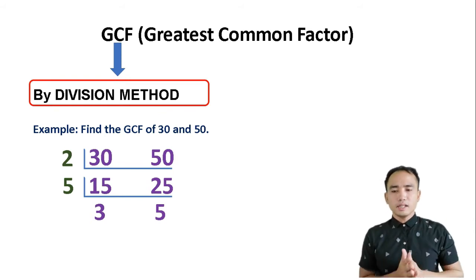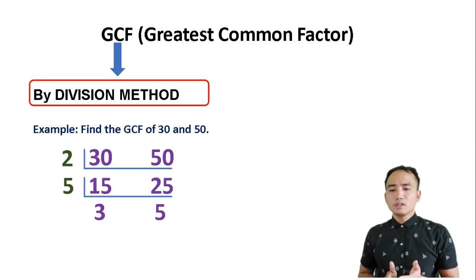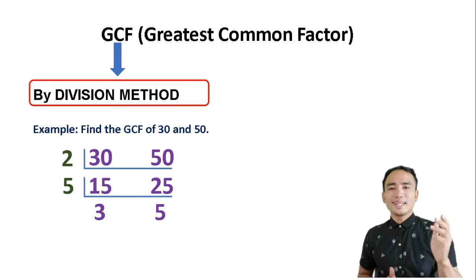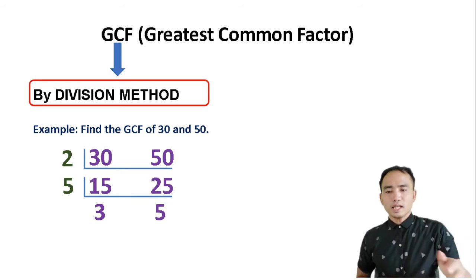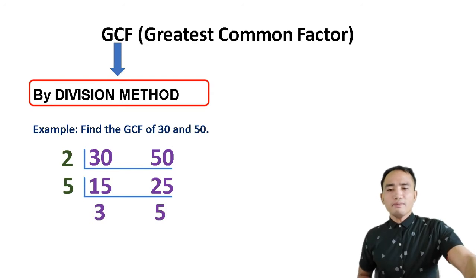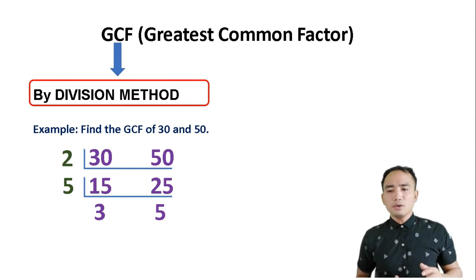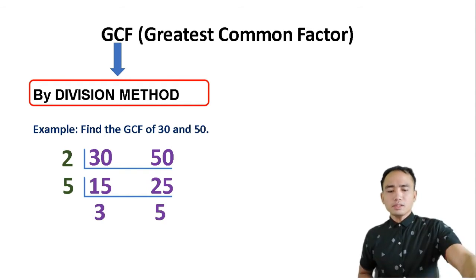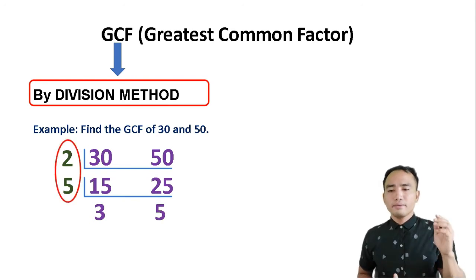Alright, so we'll stop here because we cannot find a prime factor to divide both 3 and 5. And to find the GCF of 30 and 50, look for the prime numbers on the left side of our ladder, and those are 2 and 5.